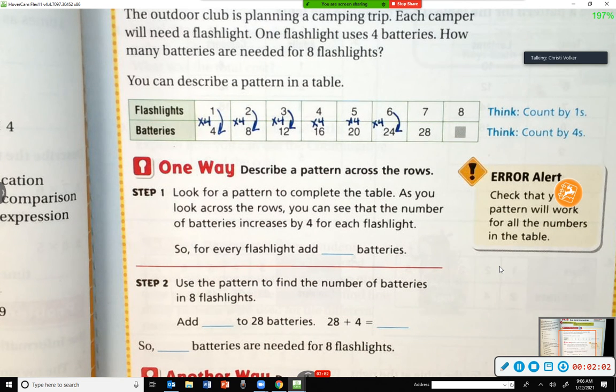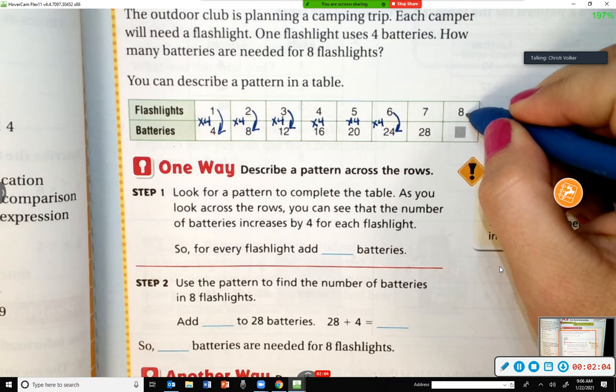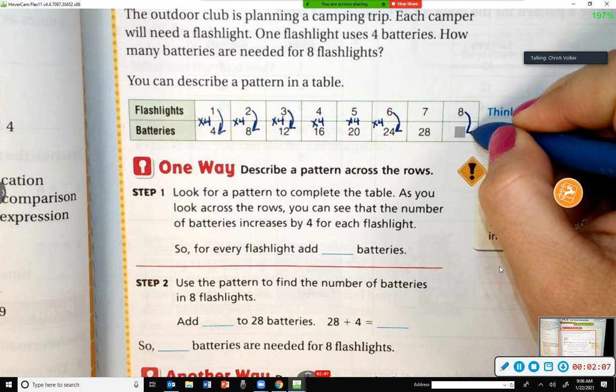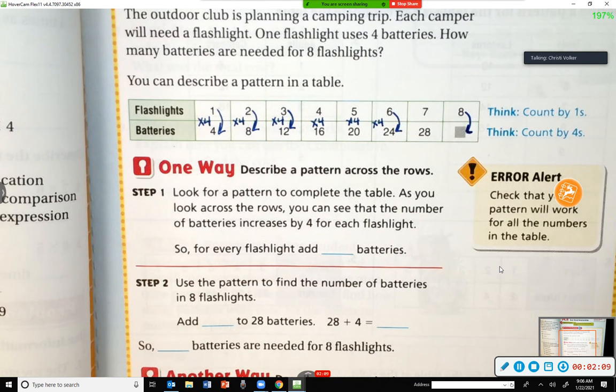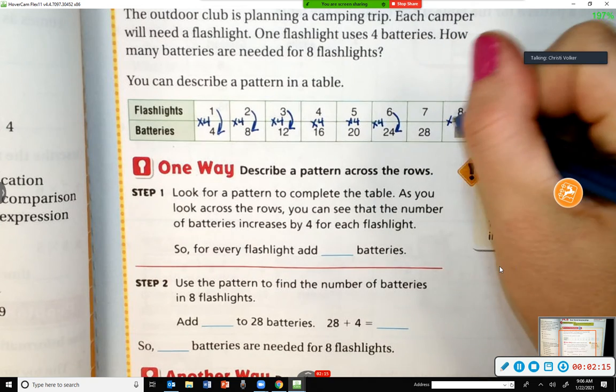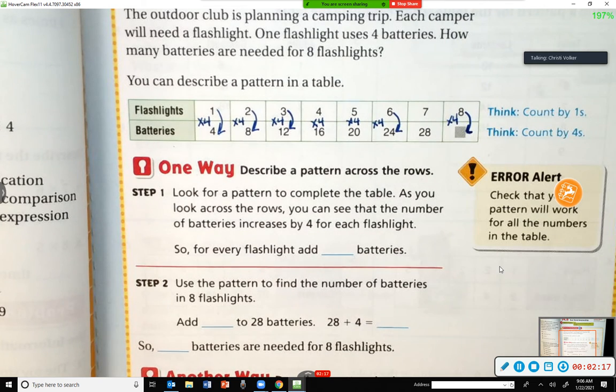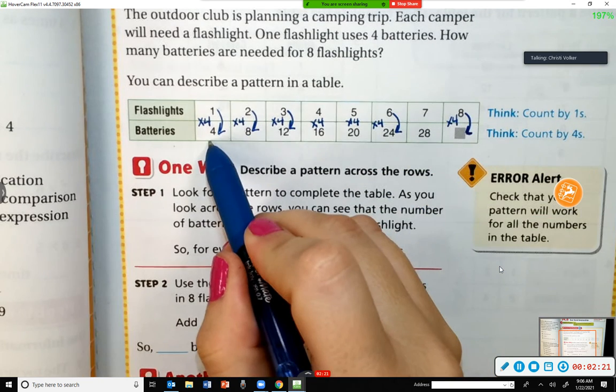Okay. So now, if I need to know how many batteries I need for 8 flashlights, what am I going to do? Multiply by 4.